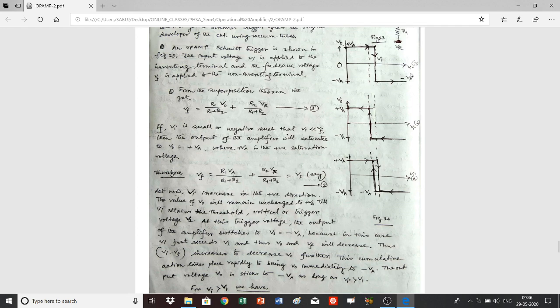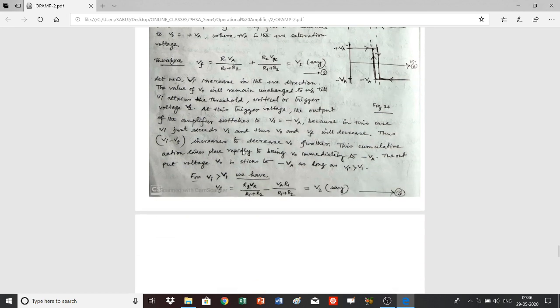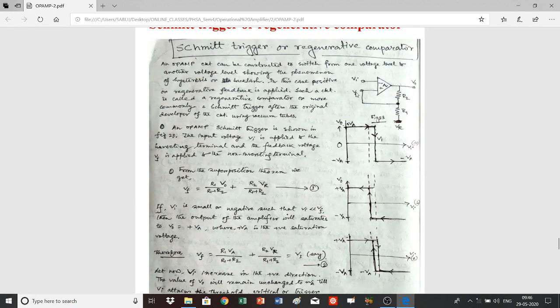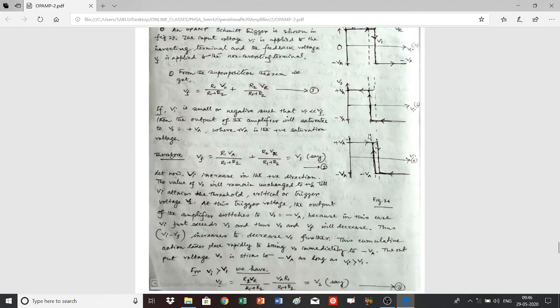Once the input voltage Vi becomes equal to V2, then what will happen? For the latter case Vf was V2. So when Vi is decreased and reaches Vf, that is equal to V2, then the difference voltage will be 0, and when it is decreased further, then what will happen?